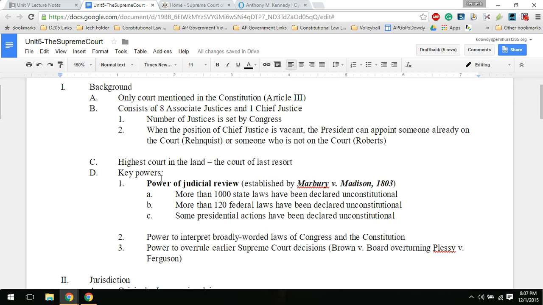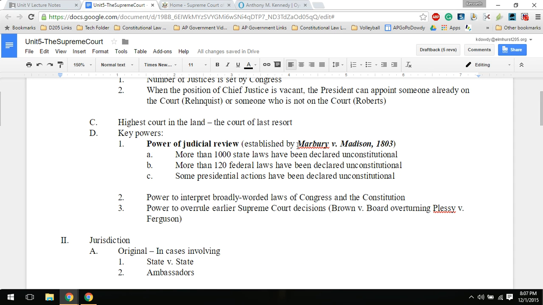Again, judicial review, we talked about that in regards to Marbury versus Madison, which is the first Supreme Court case that really establishes the ability of the Supreme Court to interpret whether or not something violates the Constitution. That case, although boring and dry, is essential in our history.